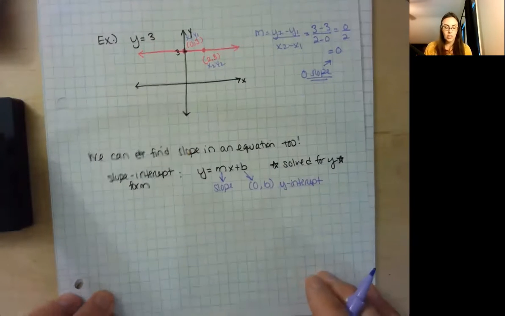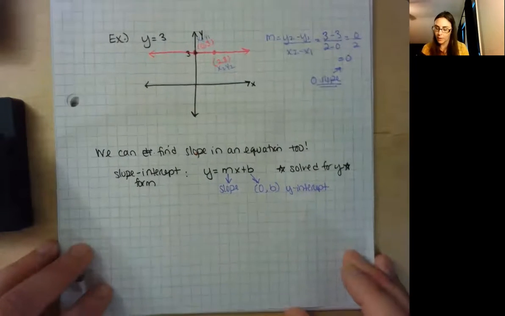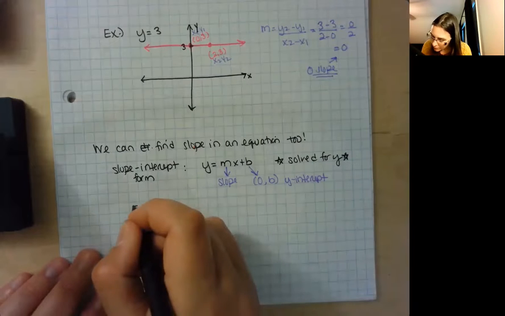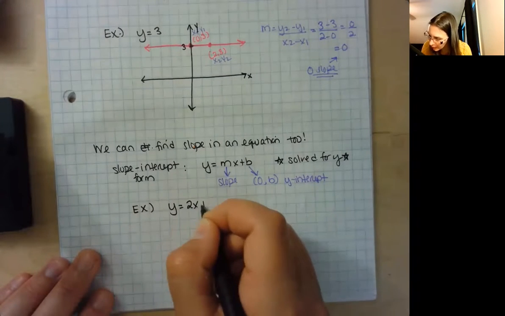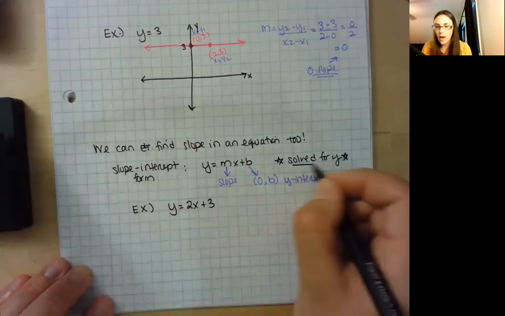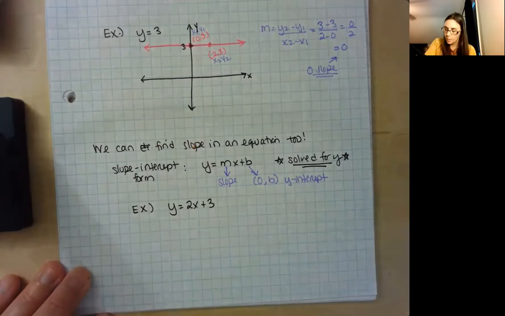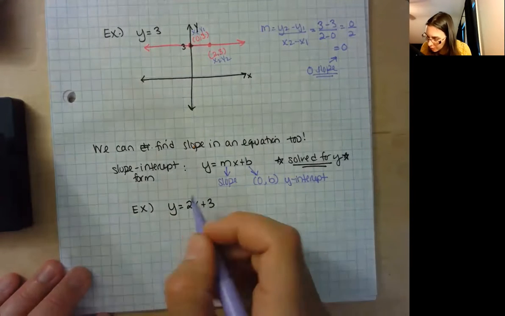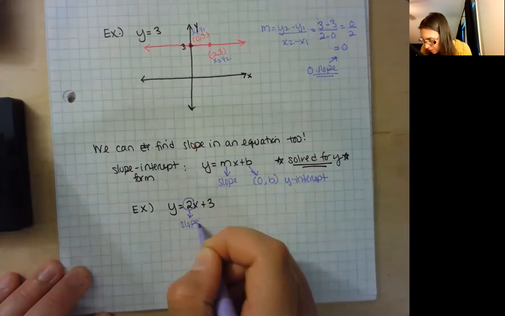So when your equation is written in this form, you get a ton of information right away. For example, y equals 2x plus 3. Now, you have to be solved for y or this does not work. So don't try this if you're not solved for y. But you can see right here, the number with the x is your slope. So our slope is 2.